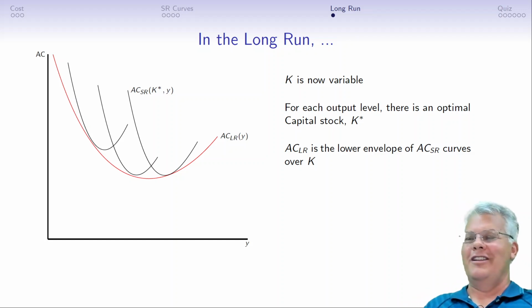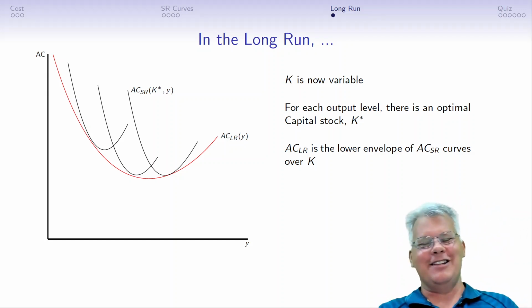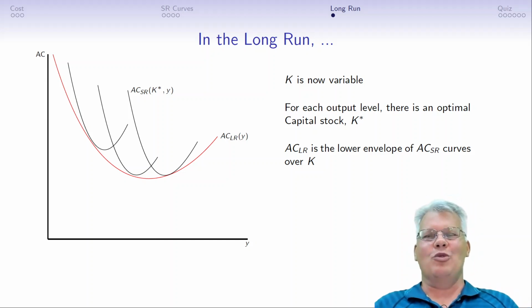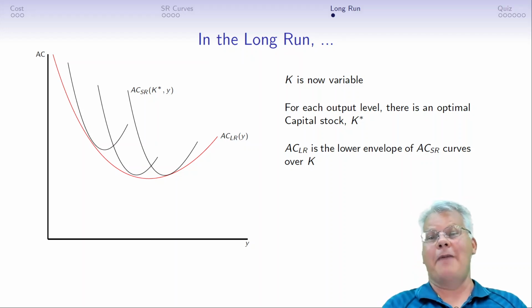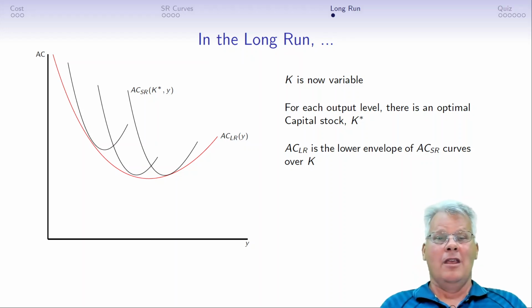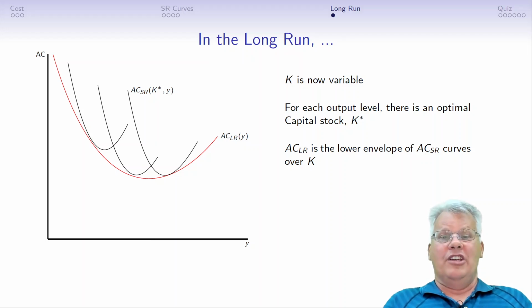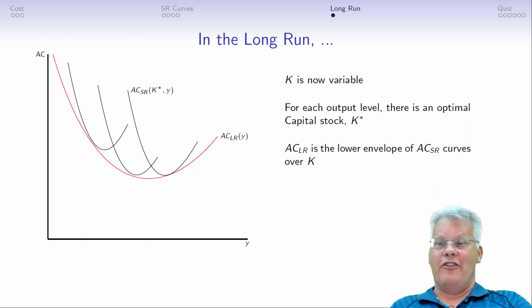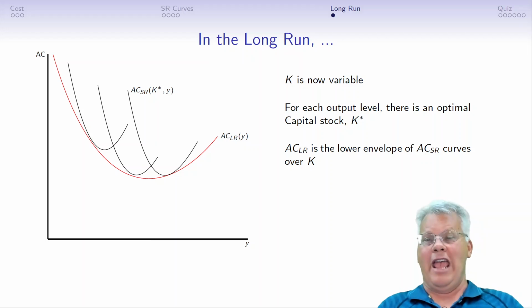In the long run, you remember John Maynard Keynes said we're all dead, but the serious answer, you recall, is that in the long run, capital is now variable. And what Hal does in the textbook is he shows the long run average cost curve as this red thing, which is the lower envelope of a whole bunch of short run average cost curves.